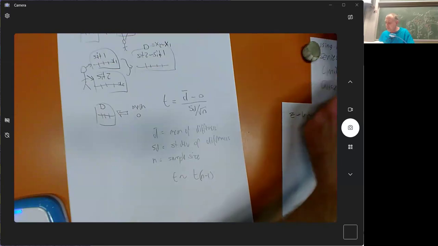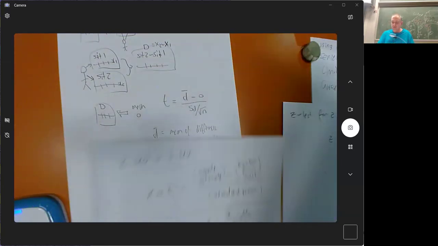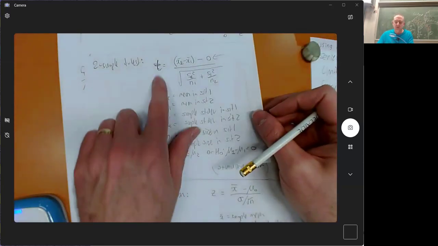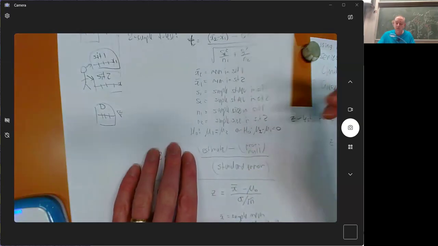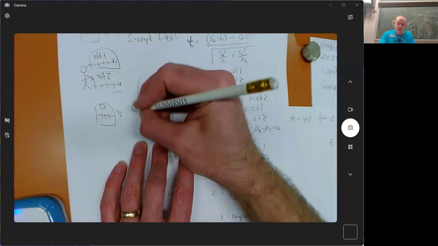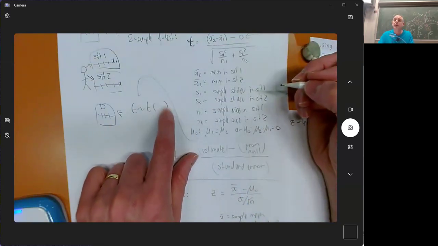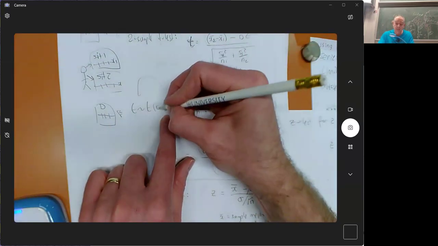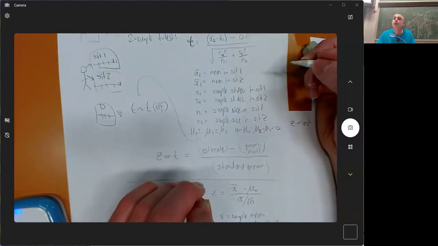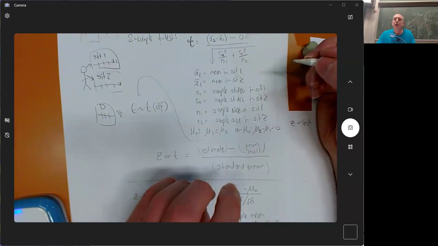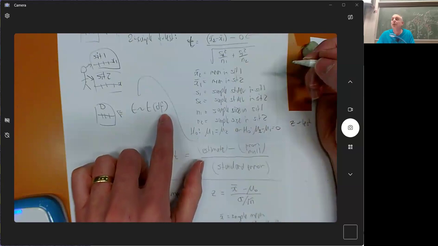Yeah, and the T comes from a T distribution with N minus 1 degrees of freedom. I missed something back there, just a second. The two sample t-test, I didn't say what the degrees of freedom of the t is. There is a degrees of freedom that goes here. You should just trust the computer to tell you what it is, because there's a really wickedly horrible calculation that produces the correct number for DF.